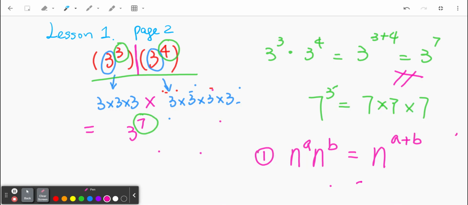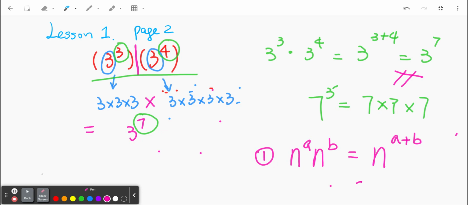N to the power A times N to the power B equals N to the power A plus B. So this is when you multiply the same base. It only works with the same base. That means if it's 3 to the power something, it has to multiply 3 to the power something. If you have 5 to the power something, you have to multiply 5 to the power something, okay? It only works with the same base.